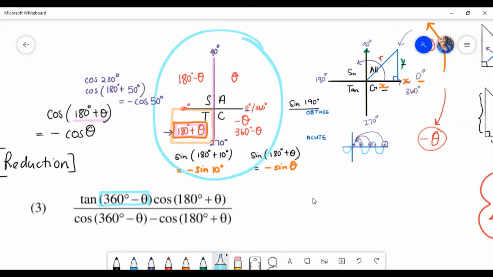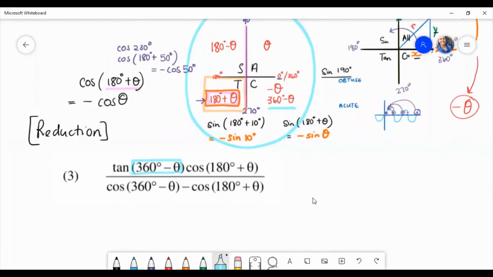So tan of 360 degrees minus theta. I firstly go to 360 minus theta. It places me in the fourth quadrant. I ask myself, is tan positive or negative there? Tan is negative there. And I reduce it to minus tan of theta.